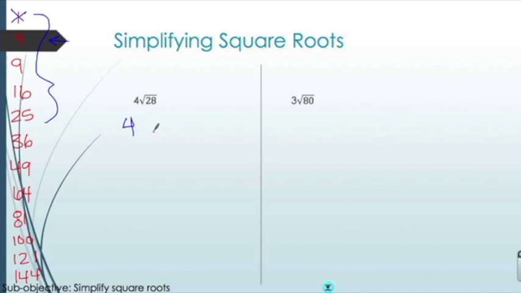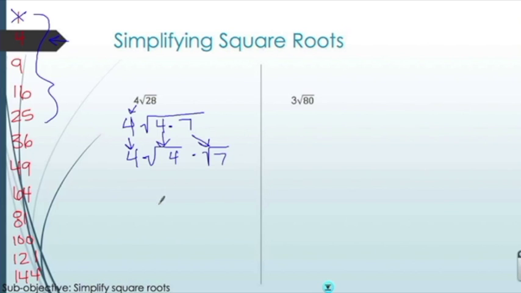So let me rewrite this. So this is the 4 on the outside. But I'm going to rewrite 28 as a product of 4 and 7. I can also, using rules about radicals, rewrite this radical and split up the 4 and the 7. Okay?